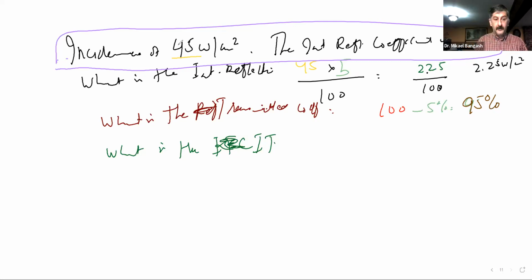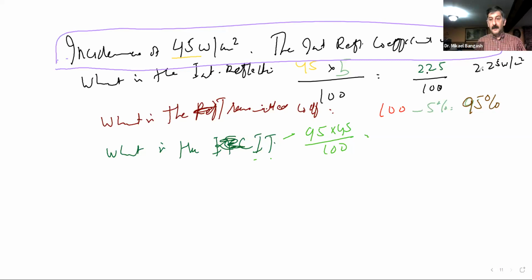So that can be done in two ways. Either we use the 95% multiplied by 45, which was this, and I should divide it by 100. Whatever that gives you is going to be the intensity of your transmission. Or you can say, based on this data here, I calculated that my reflected intensity was 2.25 watts per centimeter squared.